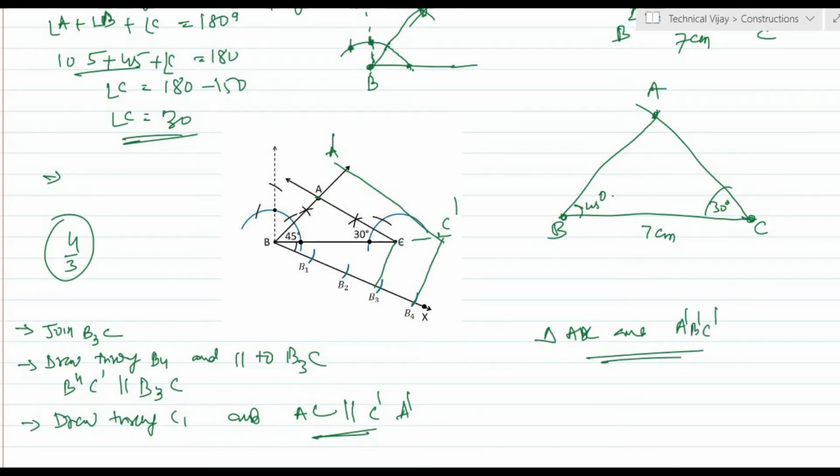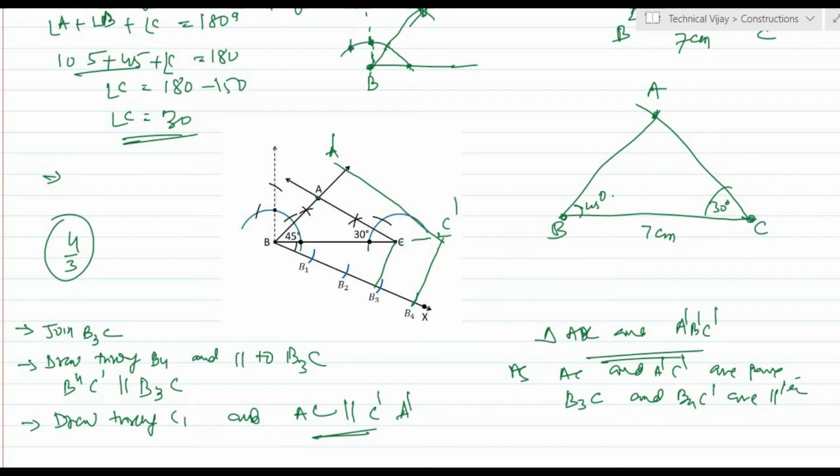How to prove that? Considering these two triangles, here you see AC and A dash C dash are parallel, and B3C and B4C dash are parallel.